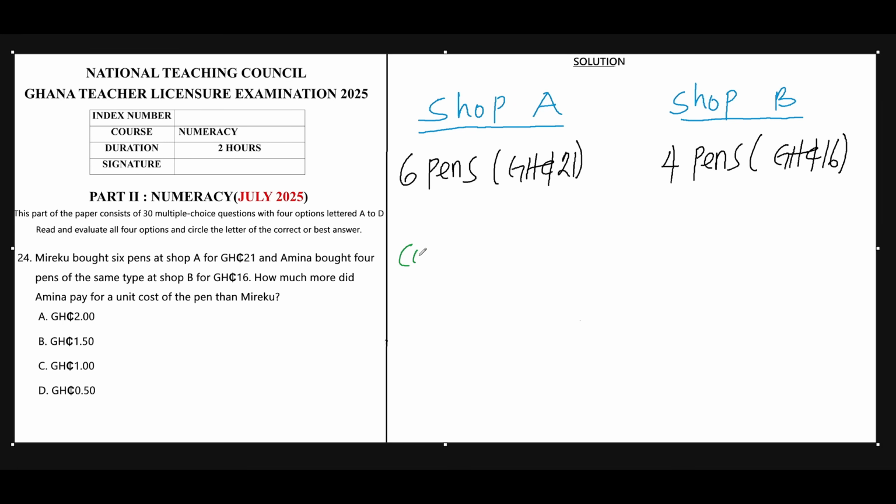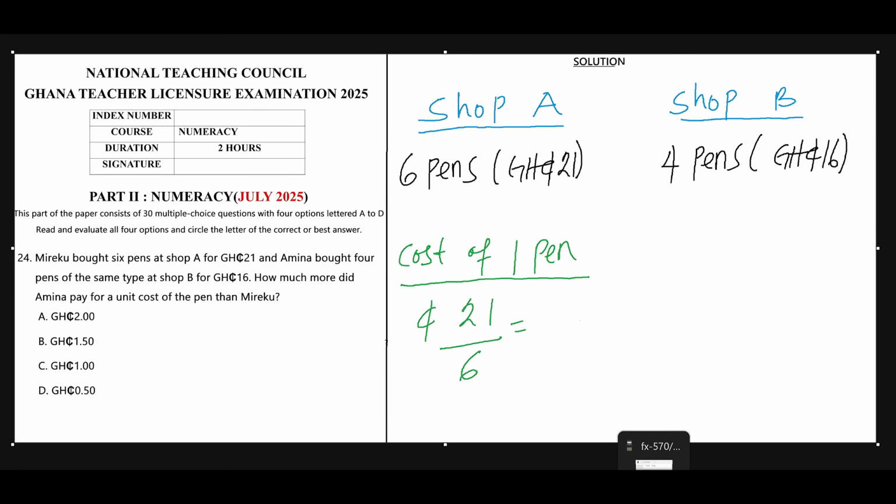So in shop A, cost of a pen, also means the cost of 1 pen. The total cost here was 21 cedis, and 6 pens were bought. So the cost of 1 pen will be 21 cedis divided by 6.